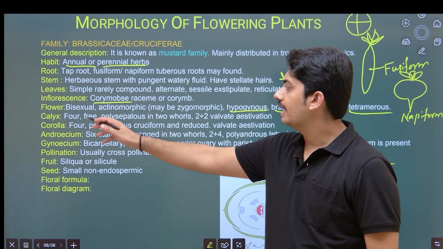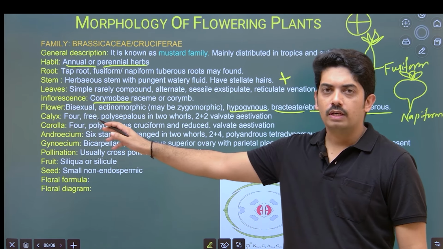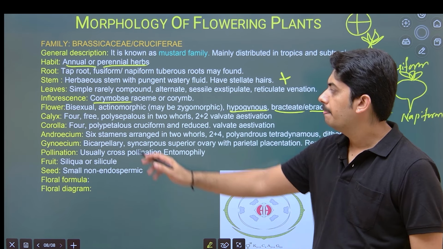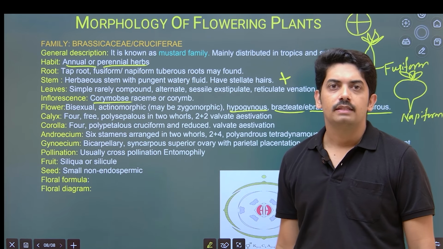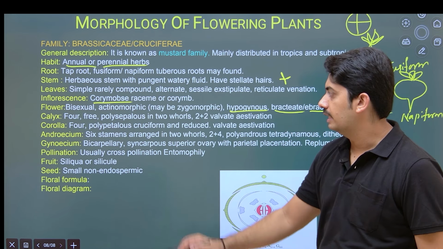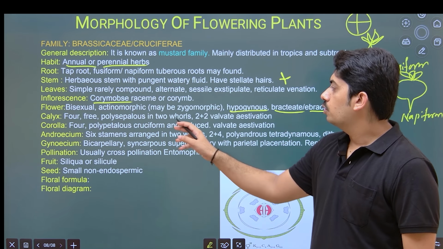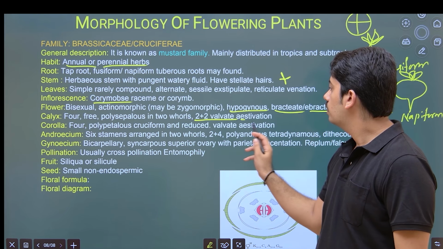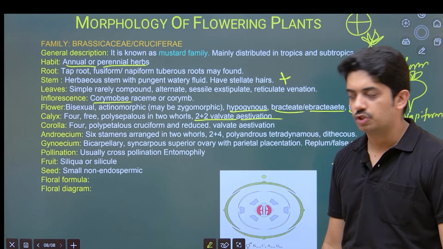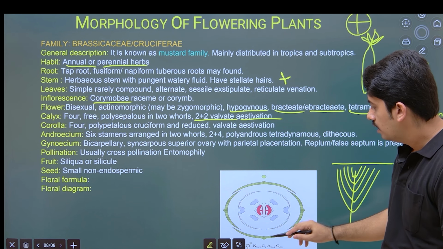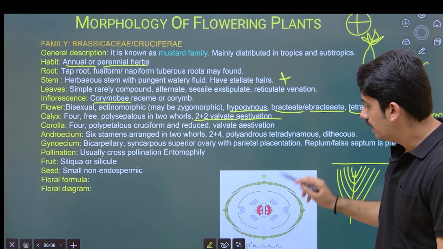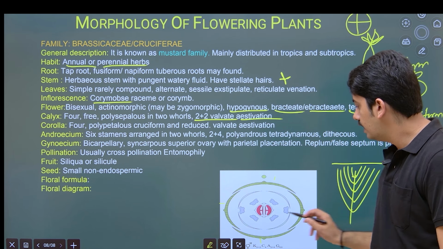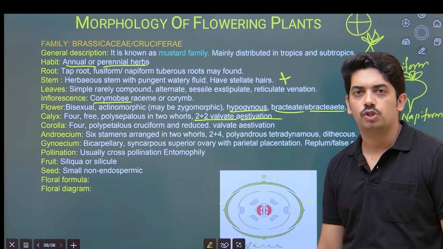Now coming to calyx, there are 4 calyx, nothing but the sepals, they are all free. Then it is called polysepalous condition. Into 2 whorls, 2 plus 2, valvate aestivation. Here you can see 2 are exterior, 2 are interior, 2 plus 2.